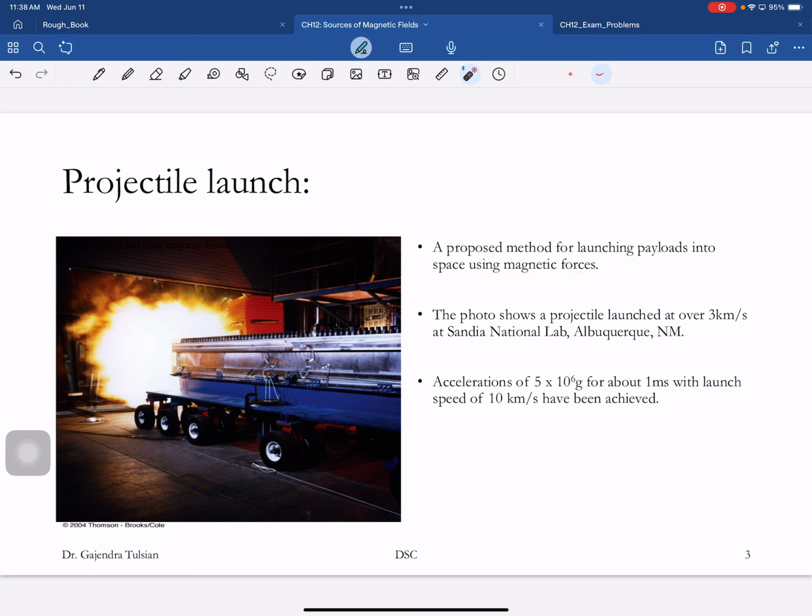The payload can only be a solid object, because anything else would get crushed. Accelerations of 5 million Gs, that's 5 million times the object's weight. That's the kind of forces you can exert on this. The acceleration lasts about 1 millisecond, so you're going from 0 to 10 kilometers per second in 1 millisecond.